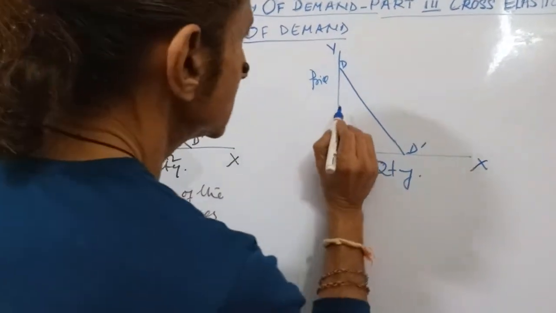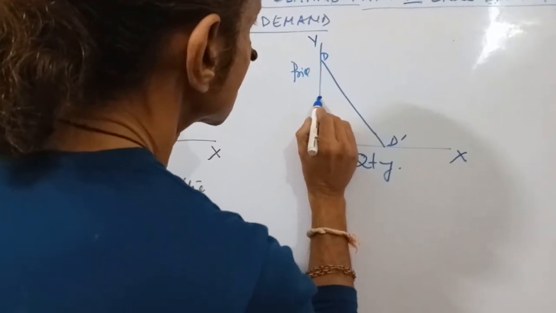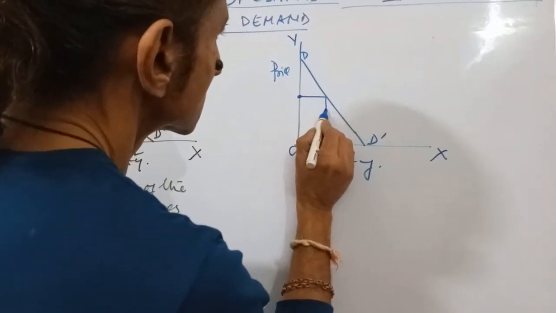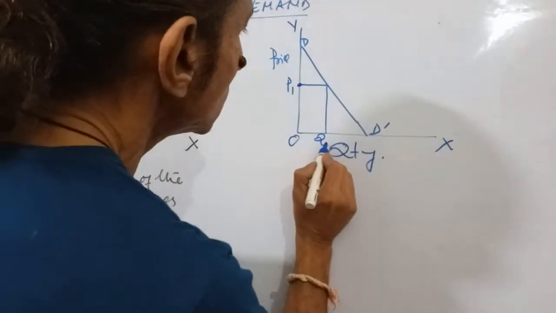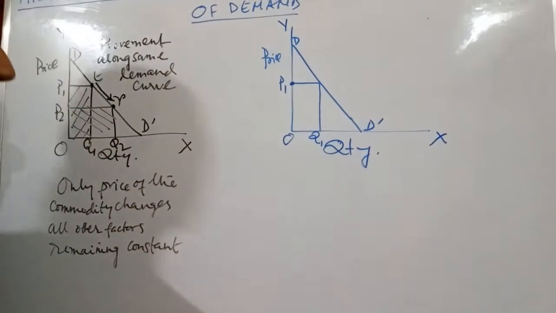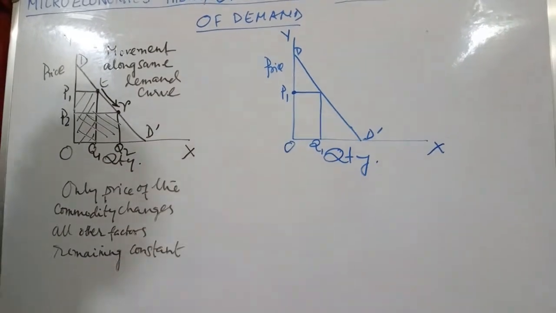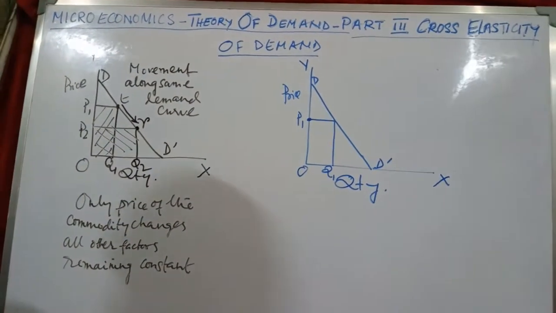Suppose the consumer is consuming OQ1 units at OP1 price, and he is deriving the maximum satisfaction by consuming that commodity.